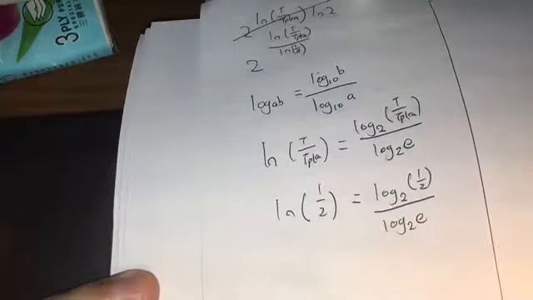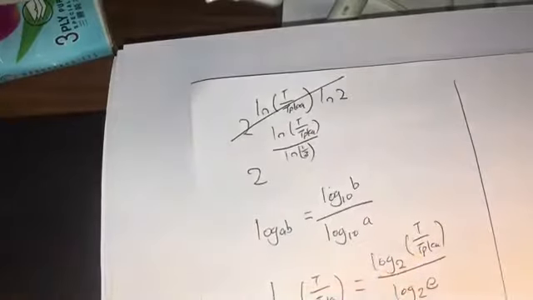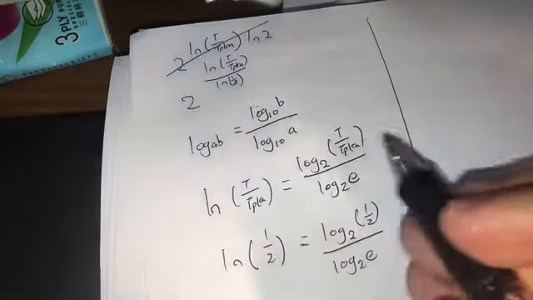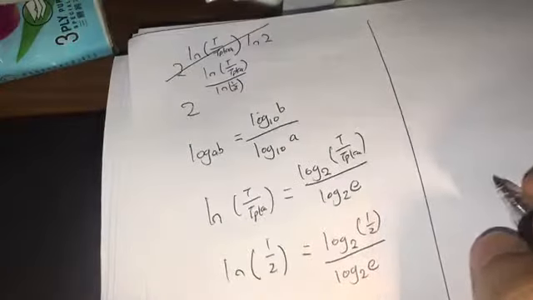Alright, that's all I was doing. So I'm going to change the base of this by doing this. And now, what's next? Next thing is to combine these into one equation.